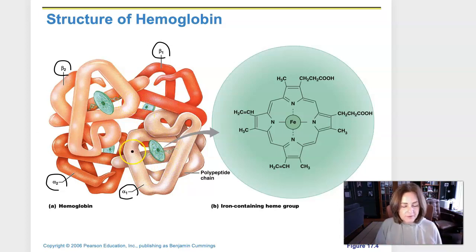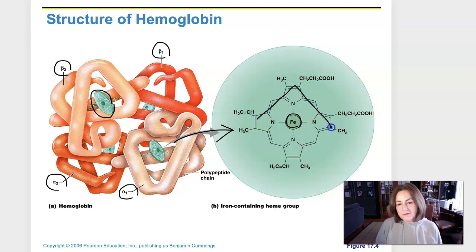So there's 4 proteins, and then within each of those proteins, there's something called a heme group. So each of those 4 proteins is associated with a heme group, and when you take a look at a heme group, we can see that it contains an atom of iron. That's the Fe. So that's a single atom of iron, and it's inside of a ring structure, but I call it a carbon frame, just for description's sake.